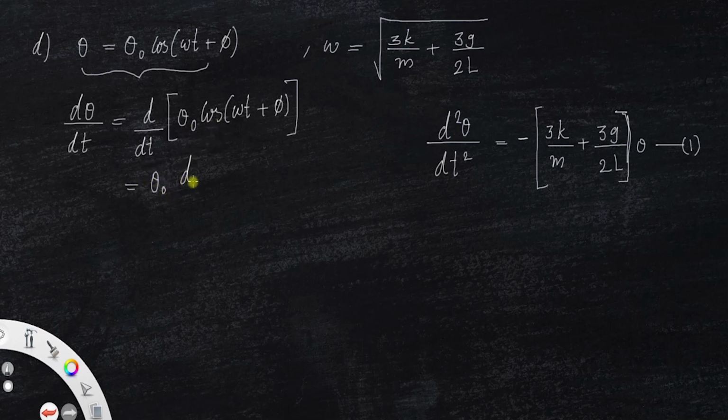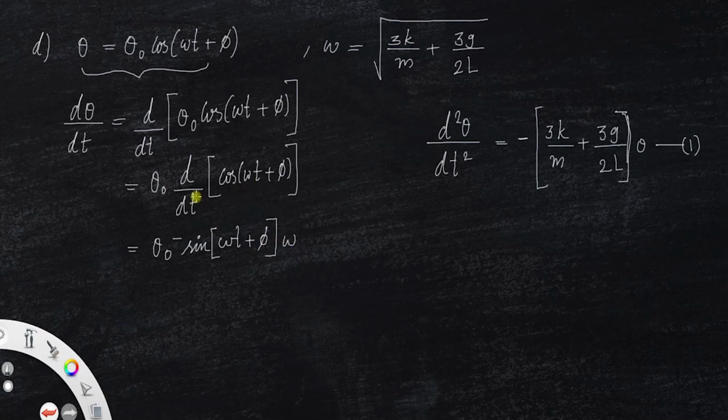Now the d/dt of cos(ωt plus φ) will be, derivative of cos is minus sine(ωt plus φ). Now you have to multiply by ω, this is according to the chain rule. So this is equal to minus ωθ0 sin(ωt plus φ). So that's our first derivative.